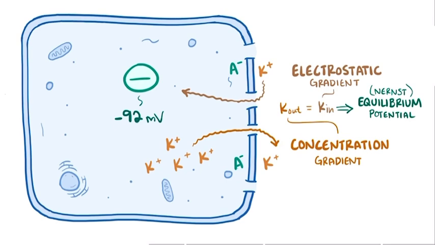In other words, negative 92 millivolts is the electric potential for attracting potassium into the cell that's needed to balance the concentration gradient that's pushing potassium out of the cell. So the equilibrium potential of an ion is dependent on two things: the concentration gradient for that ion and the cell being permeable to that ion.